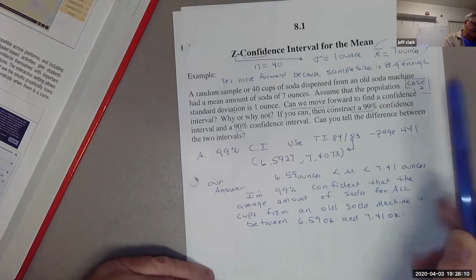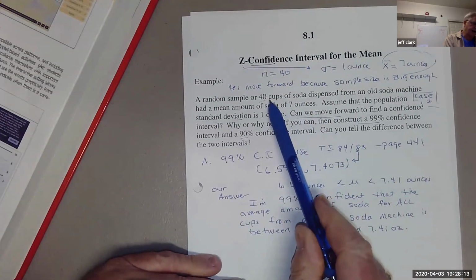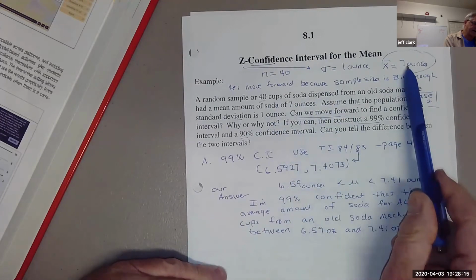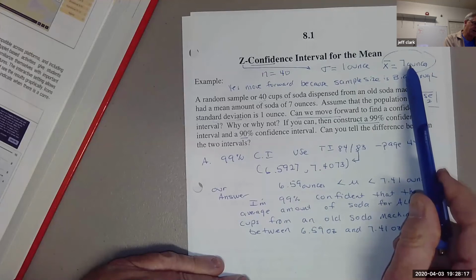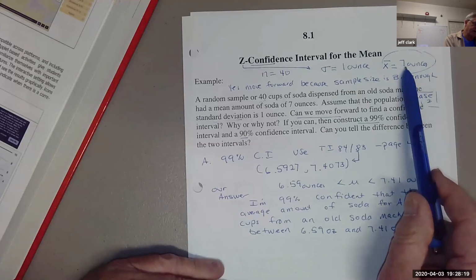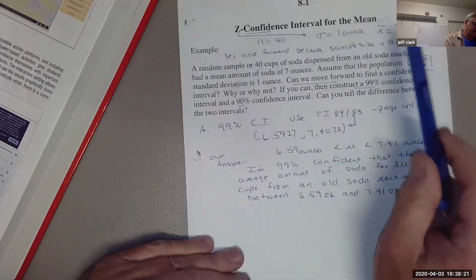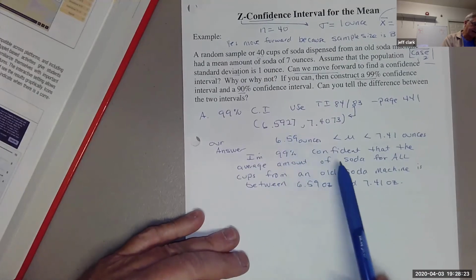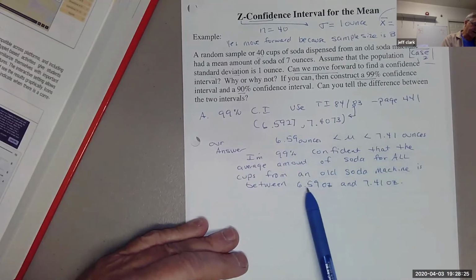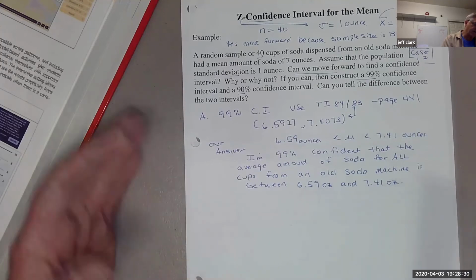See, the 40 cups, their average was 7 ounces. You can't necessarily say that all of them are going to be 7 on average for all of them, but you can, with 99% pretty sure that they're going to be somewhere between about 6.5 ounces and 7.5 ounces, somewhere in between.